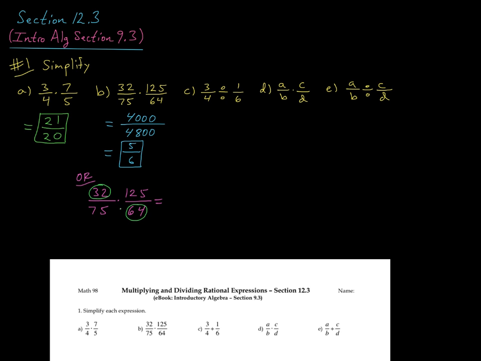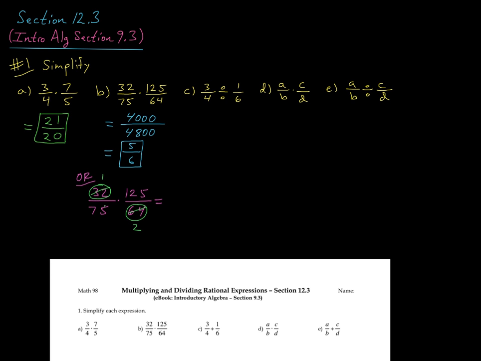Okay, so if I rearrange the product there and think about doing the division of 32 and 64 first, 32 divided by itself is a 1, and a 64 divided by a 32 would be a 2. I like this already because the numbers I'm getting there, 1 and 2, are certainly a lot smaller, right?